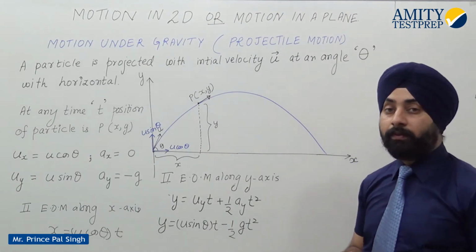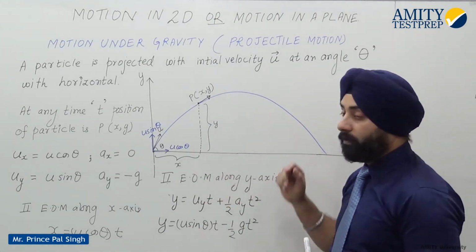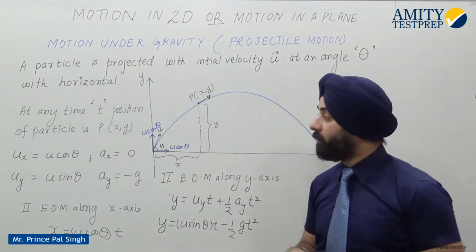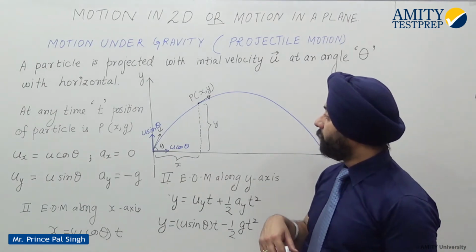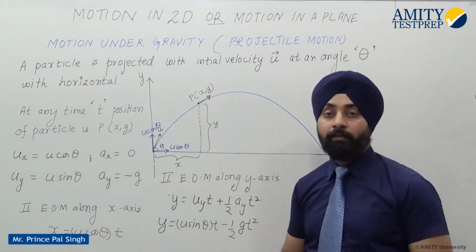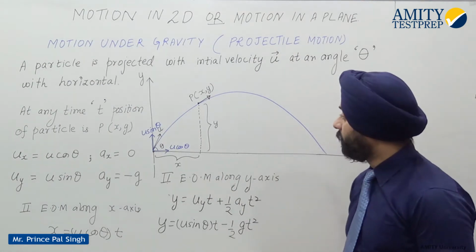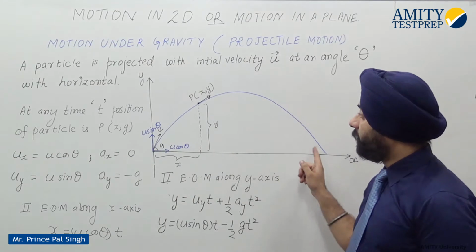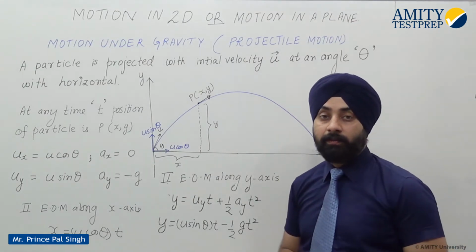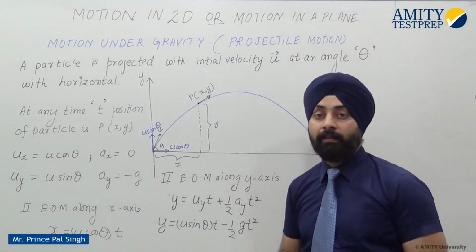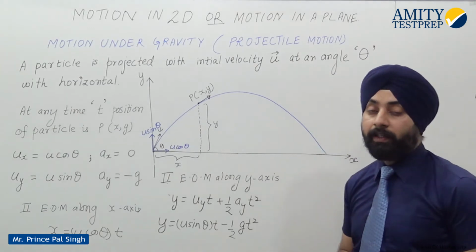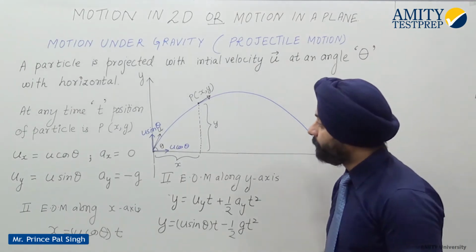We have to write down the equation of the path. The equation of the path means we have to write down the relation between x and y coordinates at any instant when the particle is on its path. The relation between x and y is called the equation of path or the equation of trajectory.